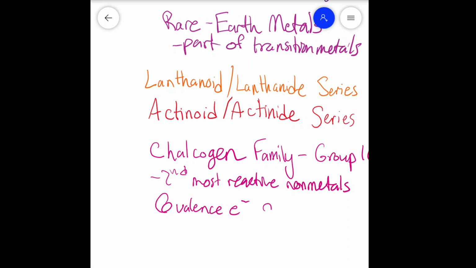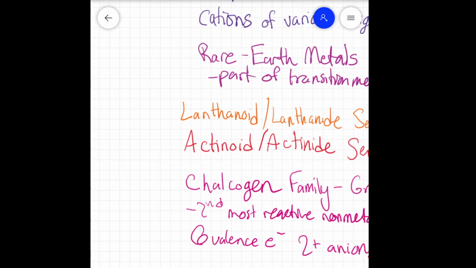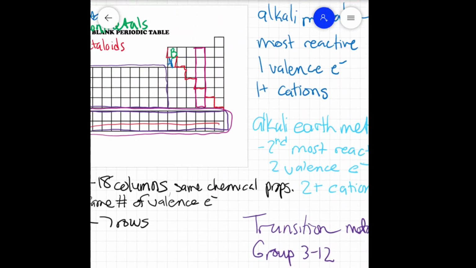They're going to form 2- anions from gaining 2 more electrons to fill that shell, because once you have that many, you wouldn't want to give it away. That doesn't make sense. You just gain 2 more and you're full. So that's the chalcogen family.